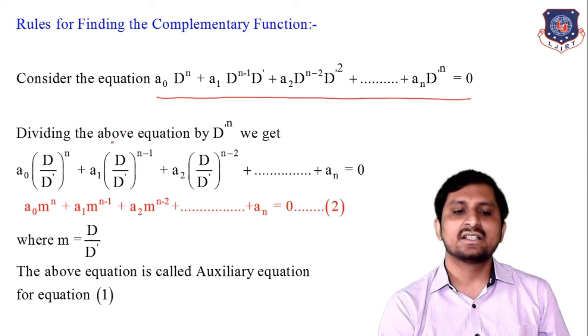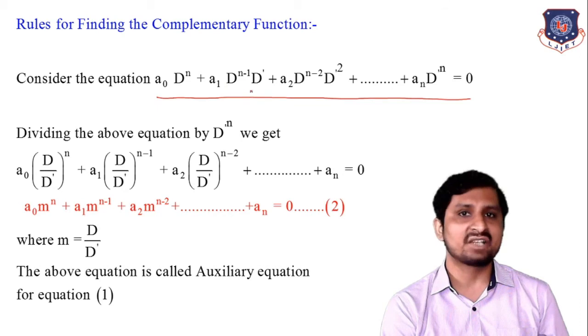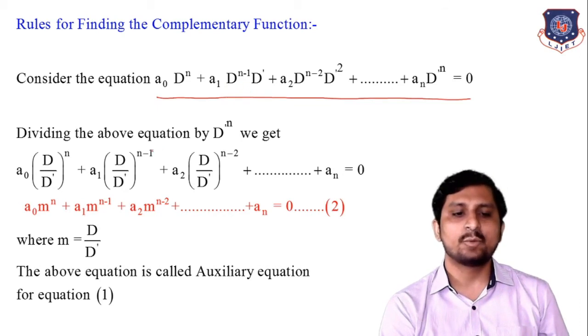Now dividing this equation by D dash raised to n, I will get a0 into D by D dash raised to n, plus a1 into D by D dash, here we have D raised to n minus 1 upon D dash raised to n minus 1, so one D dash will be cancelled out, so D upon D dash raised to n minus 1, plus a2 D by D dash raised to n minus 2, up to an, that is equal to 0.